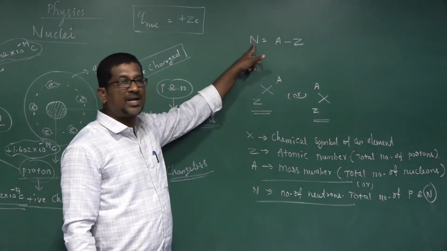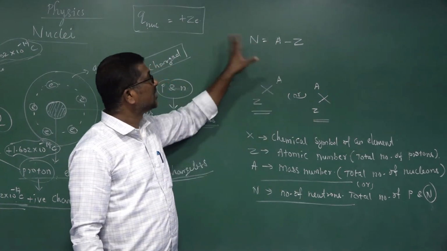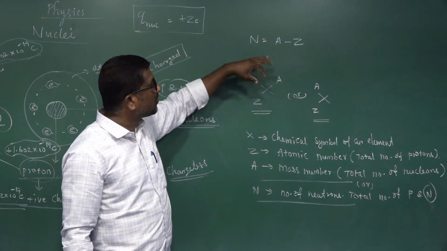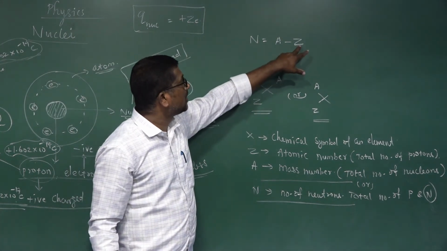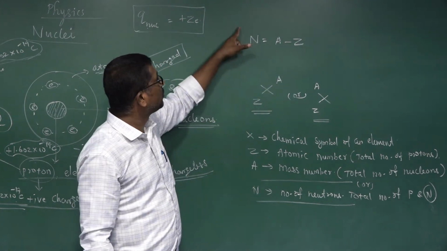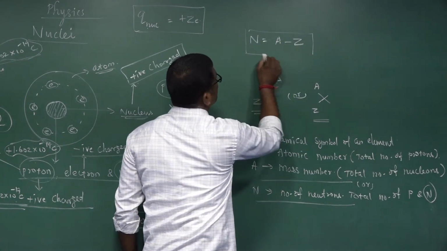What is the neutron number? The difference between mass number and atomic number is the neutron number. If you want to calculate the total number of neutrons present in any nucleus, we just subtract the atomic number from the mass number. So the number of neutrons is given by the formula N is equal to A minus Z.